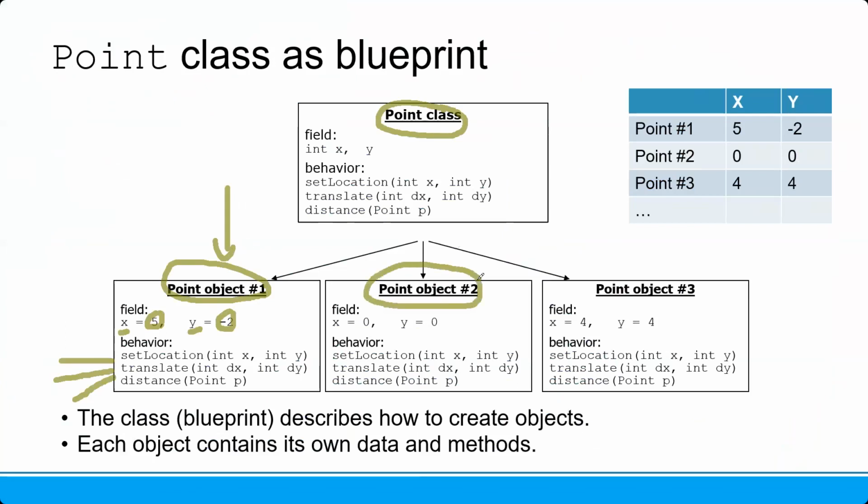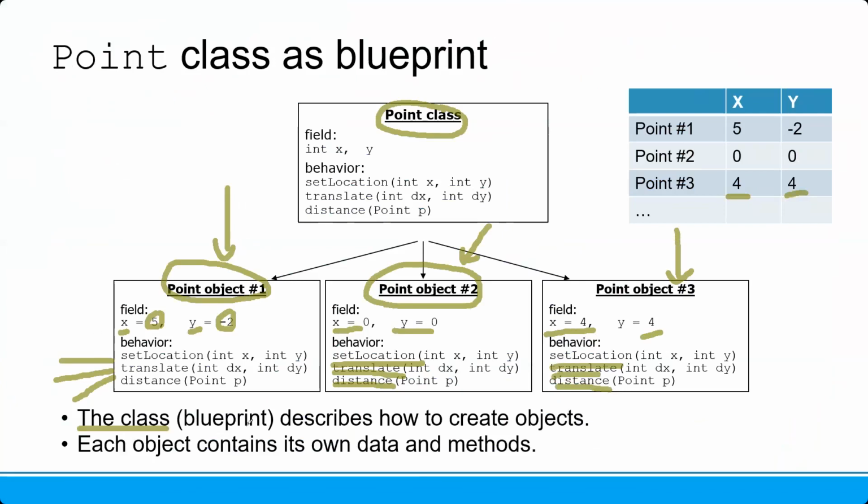When we create object 2, x equals 0 and y equals 0. Object number 2 can also do set location, translate, and distance. The same with the other objects. Point object number 3 has x equals 4, y equals 4, and it also contains all the behaviors based on the class diagram.